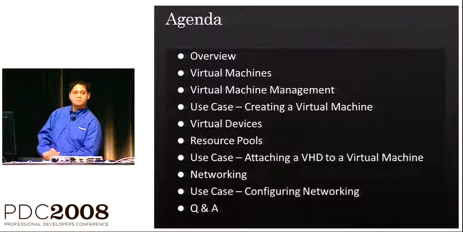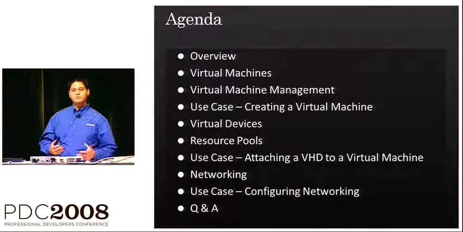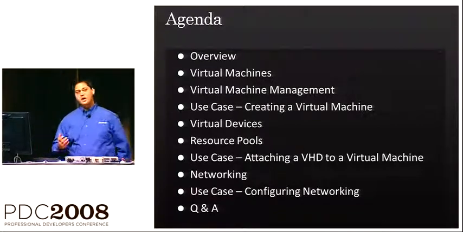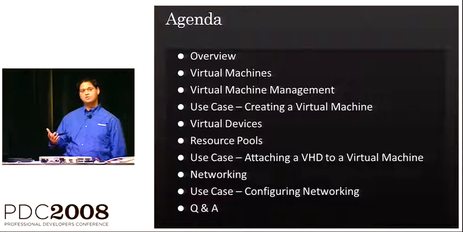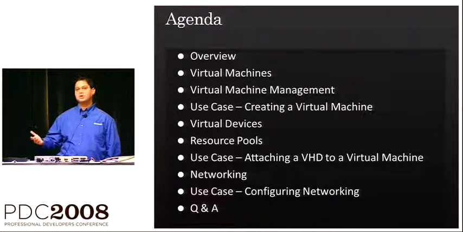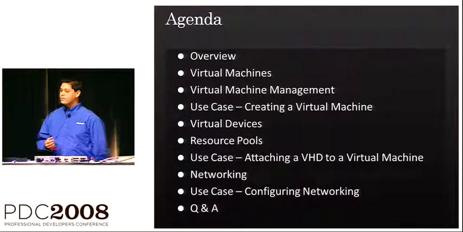Then we'll look at some virtual devices, how virtual devices are added and removed from a machine, how they're modeled in WMI. And then resource pools, which are actually used to tell you about what the resources on the system are, how they can be allocated to virtual machines, and what the restrictions for those allocations might be.